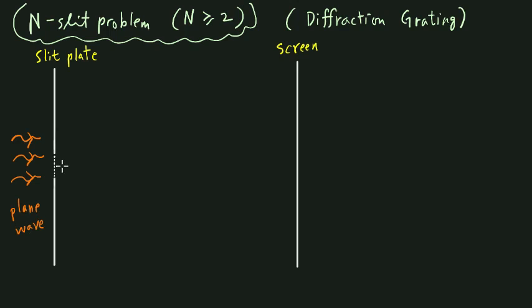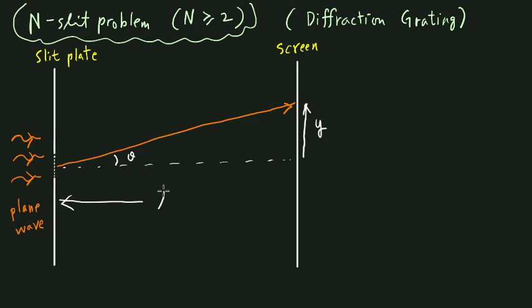And the output light from this slit plate will come to the screen at an angle theta, and that will correspond to a vertical coordinate here, y, and this length here.